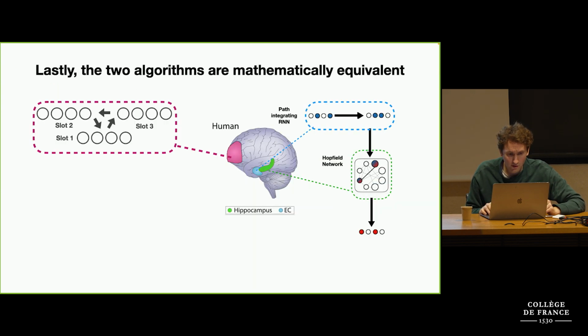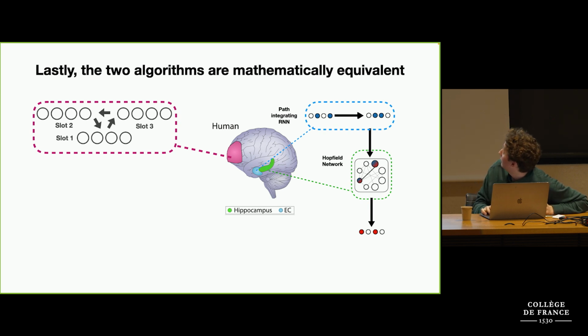Okay, there's one last thing I want to say, and you'll just have to trust me on this one. It turns out that these 2 models that we presented, one about the hippocampus and entorhinal cortex, and one about the prefrontal cortex, are actually, in a computational sense, identical. And of course that makes sense because they solve the same task. But you can mathematically show that they are exactly the same thing.